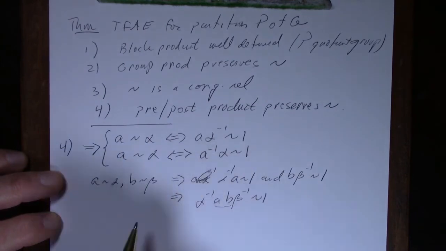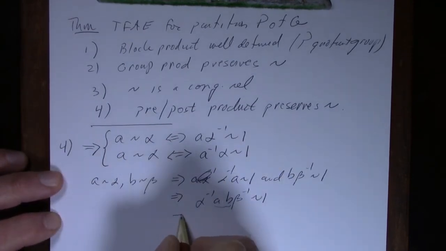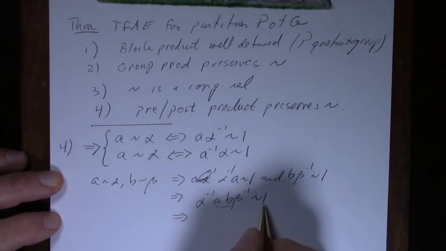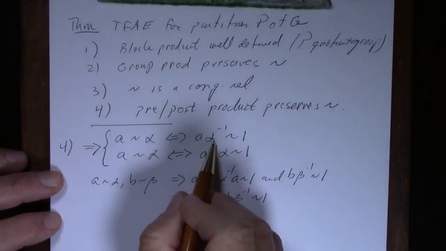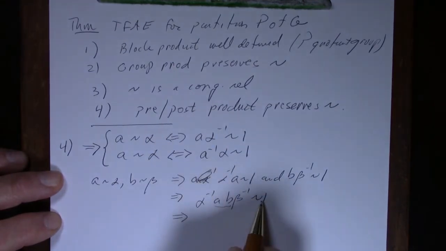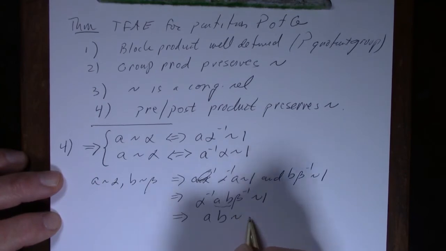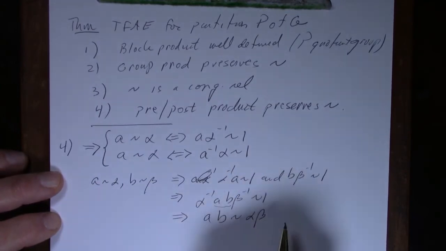I did it this way because I want A, B together. And so now I undo this alpha inverse, move it to the other side, move the beta inverse to the other side, and I get AB equivalent to alpha beta.